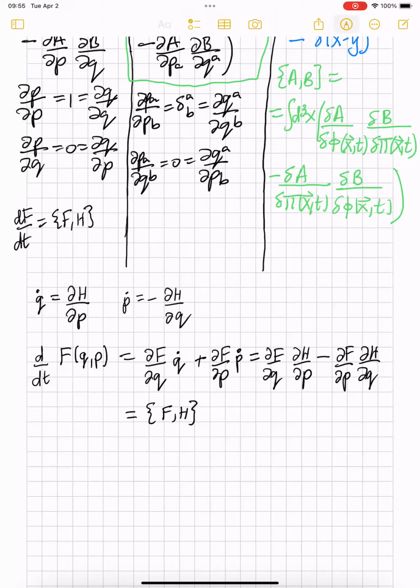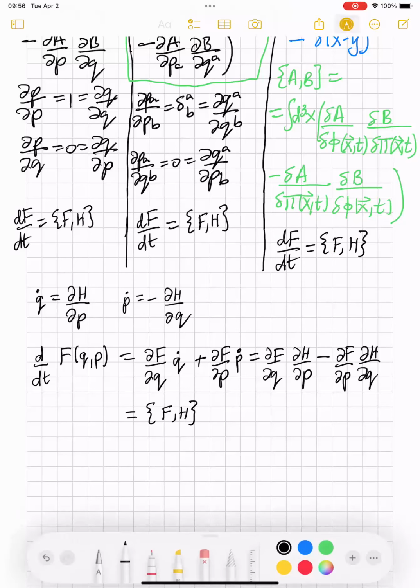Performing an analysis very much like the one I just wrote down, you can easily verify that the equation of motion in this n-particle case is exactly the same. df/dt is equal to the Poisson bracket of f and H. And then in the field theory case, it's now natural to guess that, again, the equation of motion is exactly the same.